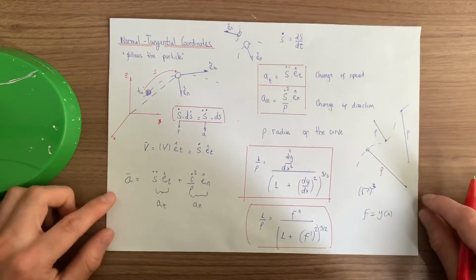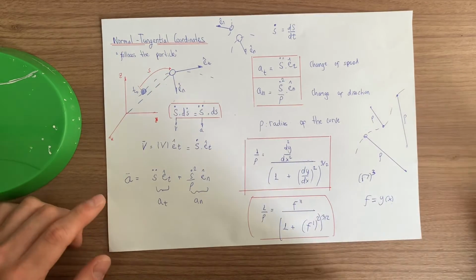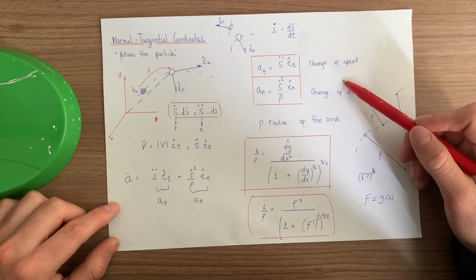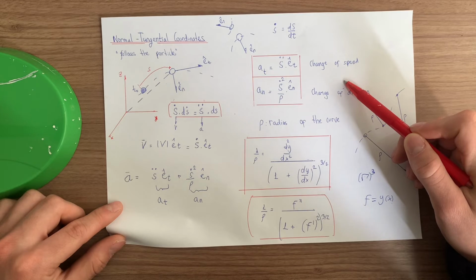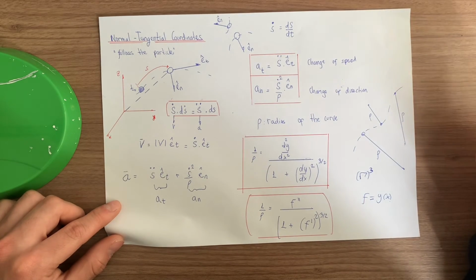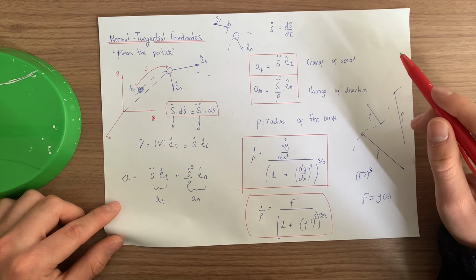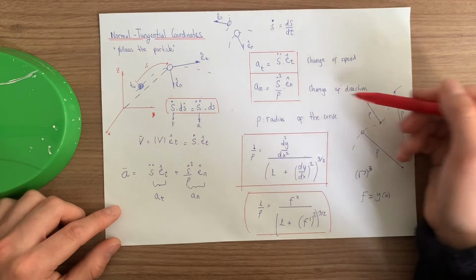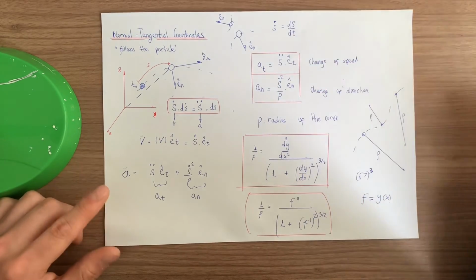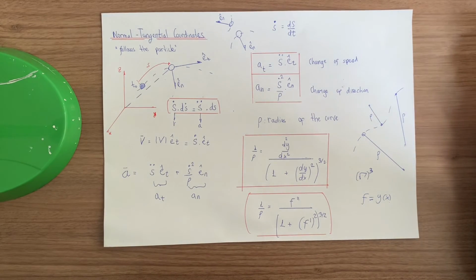So this is everything you should know about normal tangential coordinates. And this is pretty important. Don't forget about this, because in some problems they will tell you, for example, this particle has a linear movement, so it won't have a normal acceleration, or this particle has a constant speed, for example 5 meters per second.